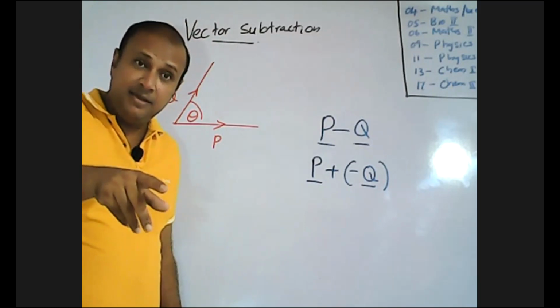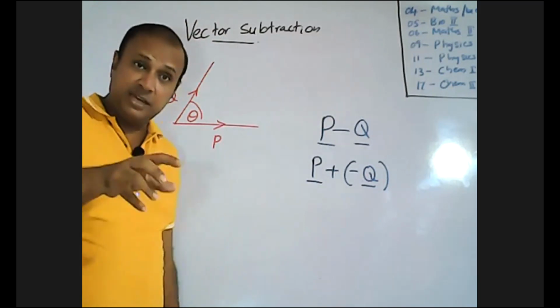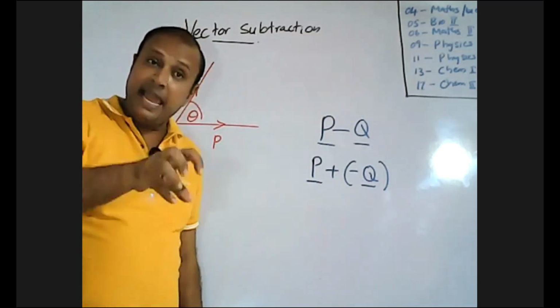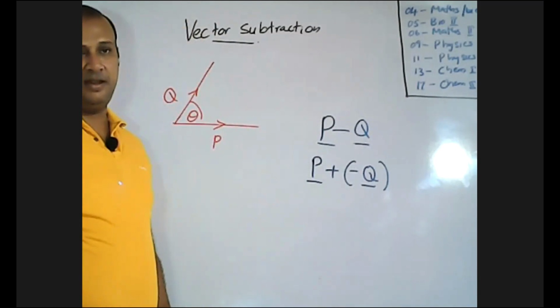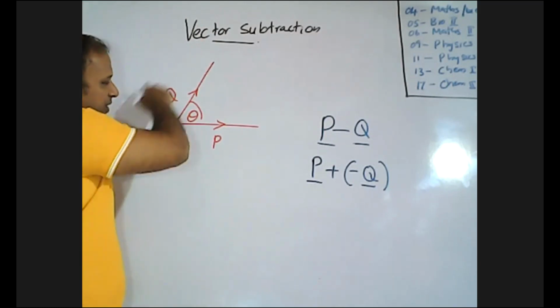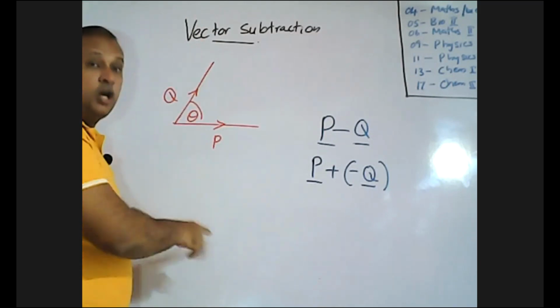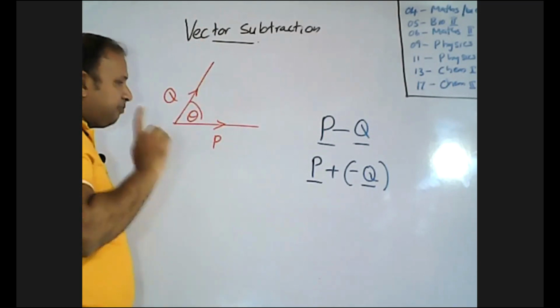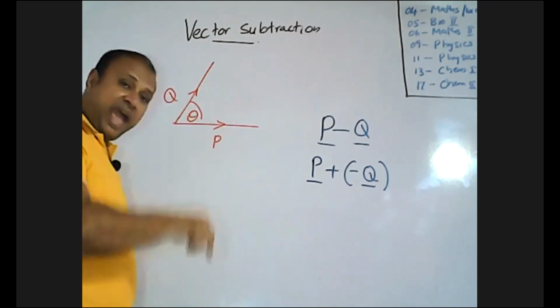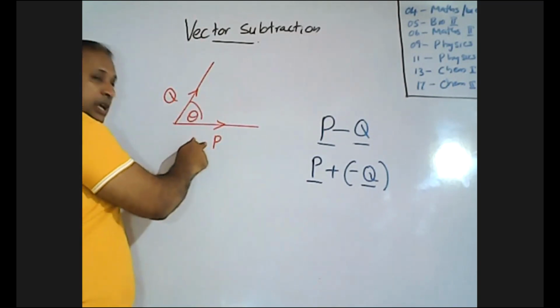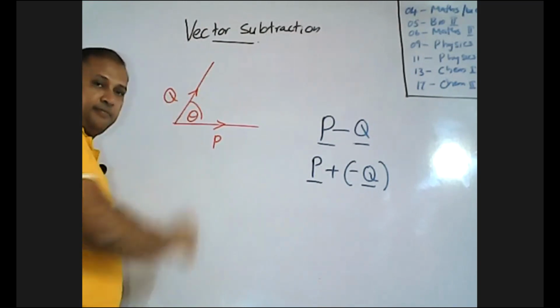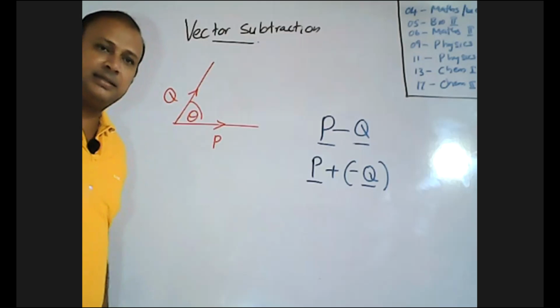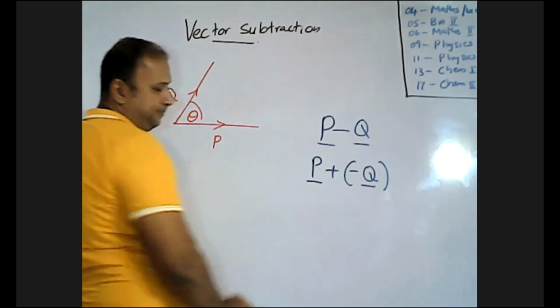Negative vector is the vector which is same in magnitude and opposite in direction. Therefore, if we are given this kind of vector to subtract, I have to add minus Q to P.